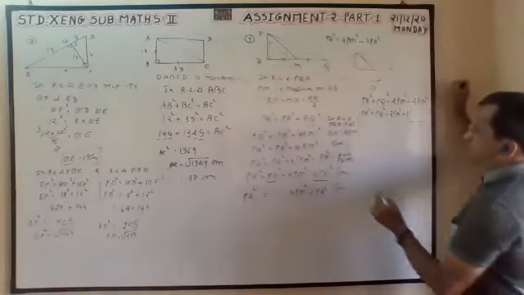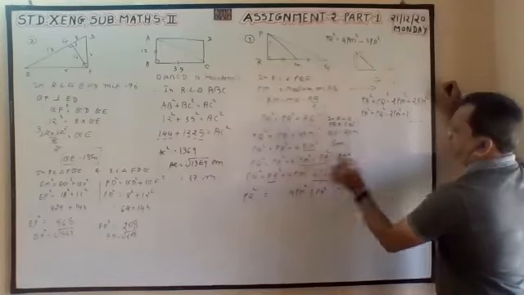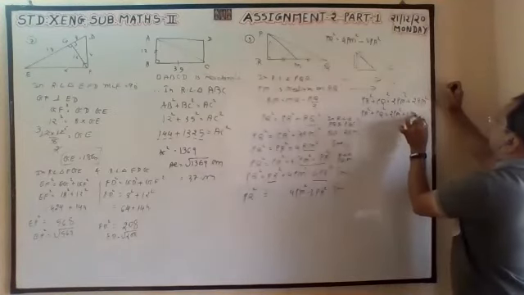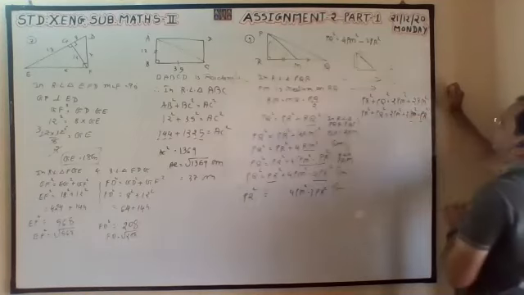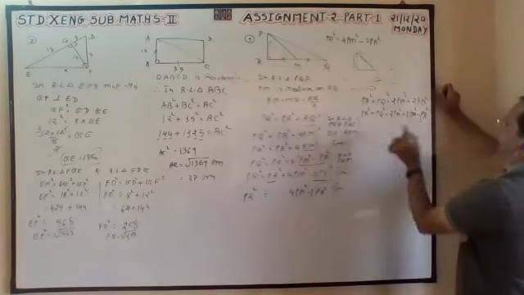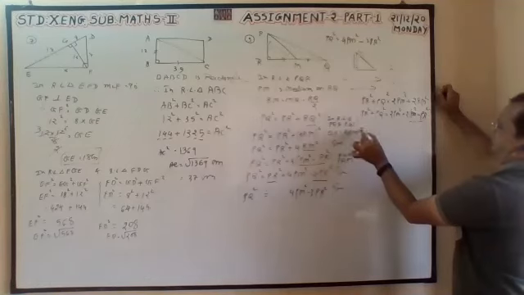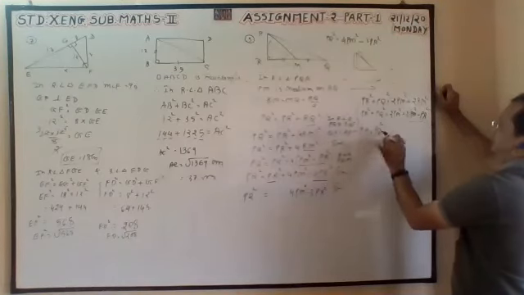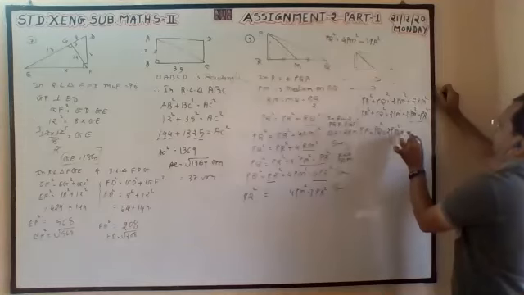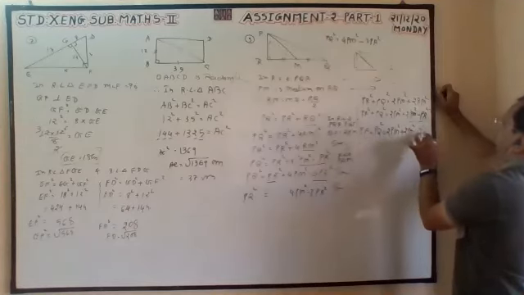RM we don't want. So for RM what we have substituted? PM square minus PR square. Correct. So PR square plus PQ square is equal to 2PM square plus 2PM square minus 2PR square.